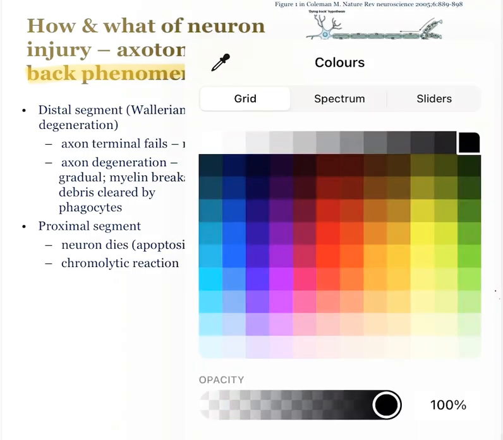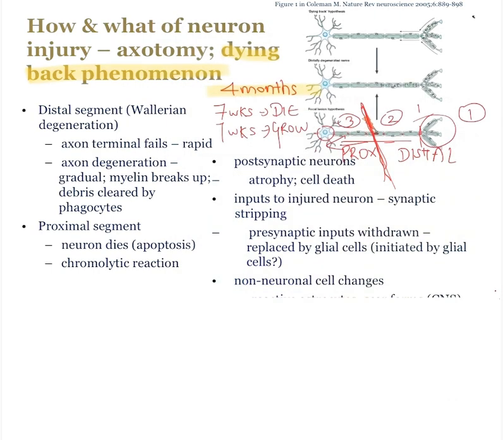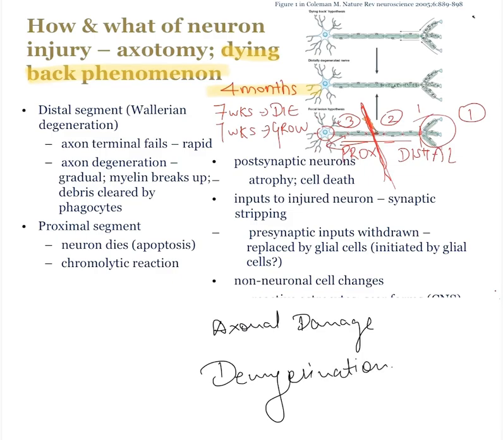Another important thing that you need to consider is that there could be different types of injuries. So the prognosis also depends on the type of injury. It could be axonal damage, or it could be just demyelination.